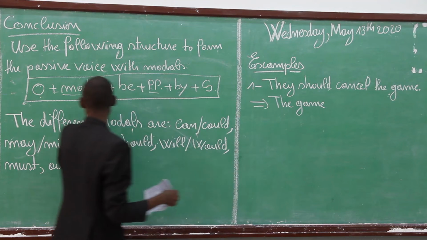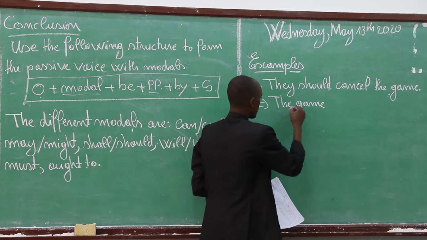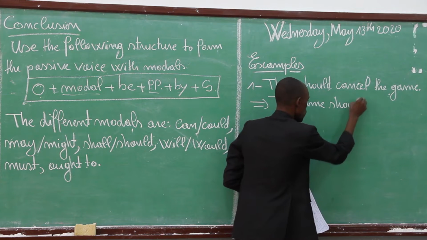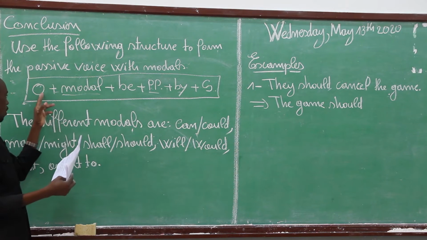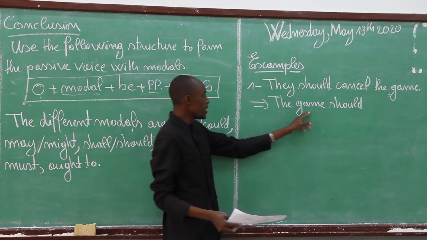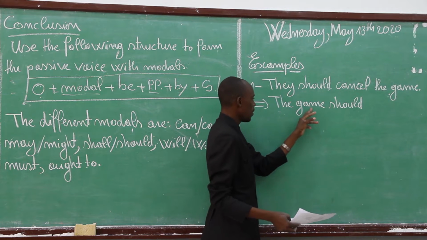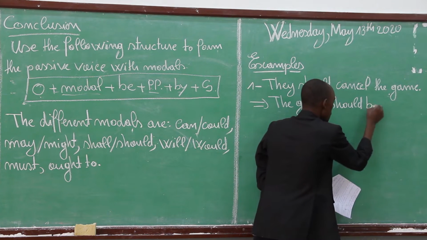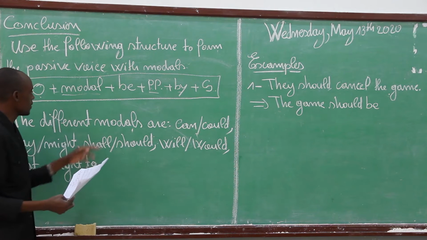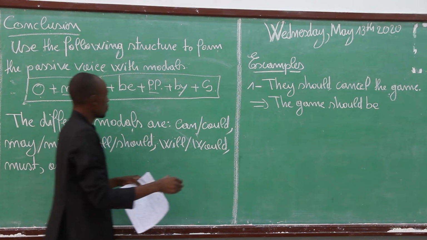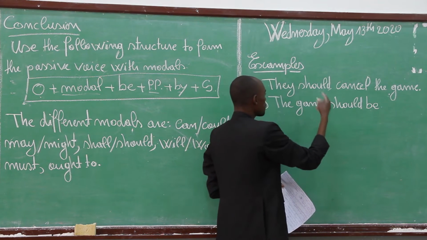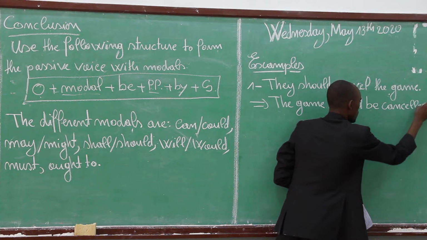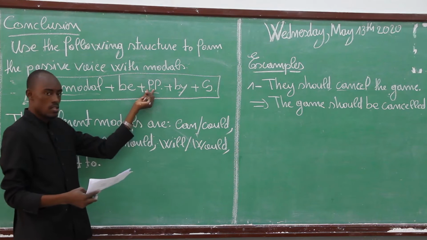After the object, we have the modal verb, should, as the structure says: object plus modal. After the modal verb we have be, and after be we have the past participle of the second verb. We have cancelled.